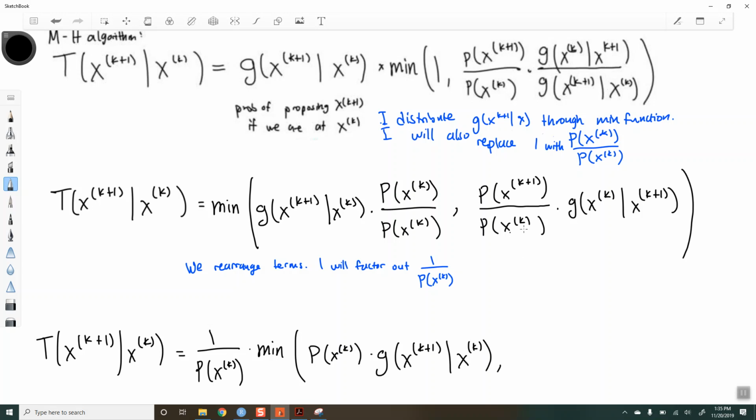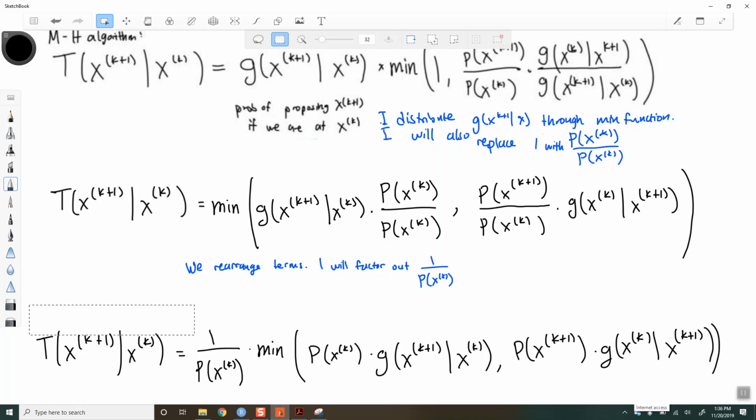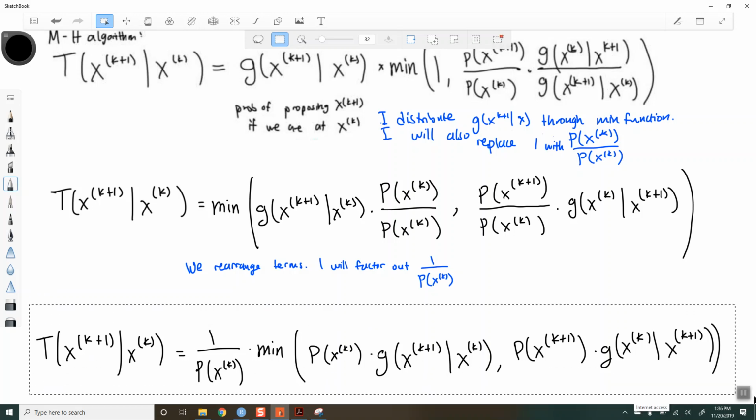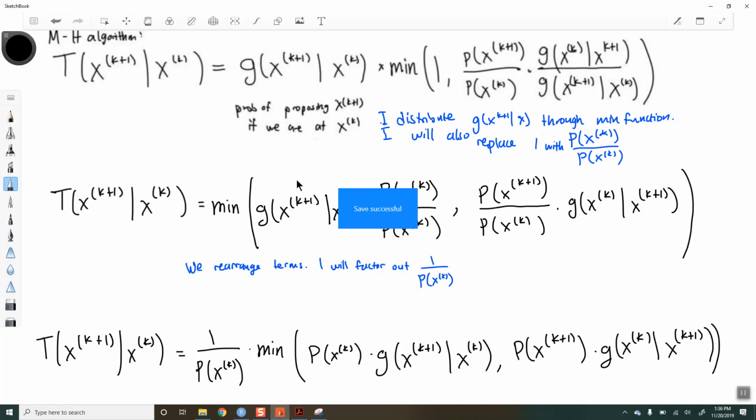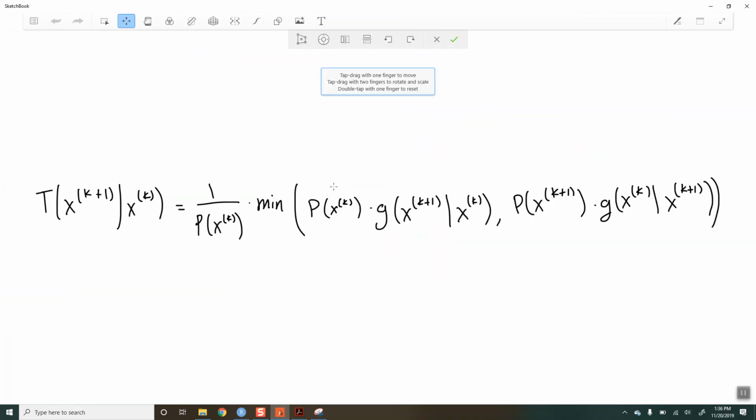And then over here, I factored out p of xk, so I have probability of xk plus 1 times g of xk given xk plus 1. So this is where I end up.